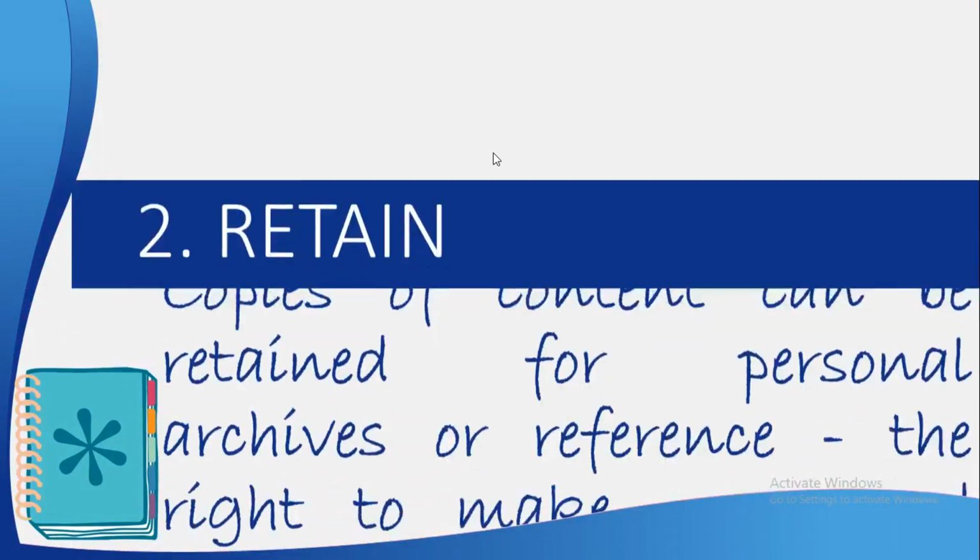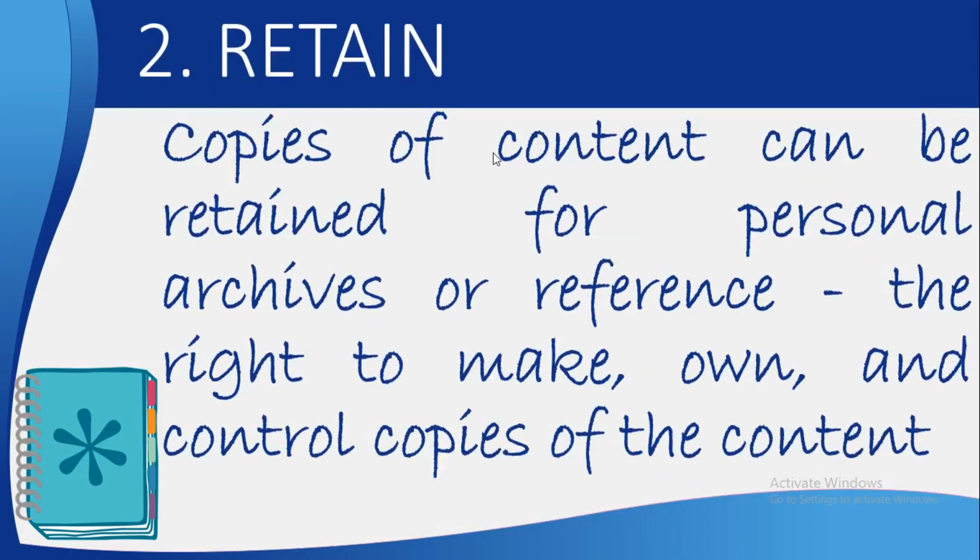The second R says you can retain. So if you have a copy of any content, you can make more and more copies. You can photostat them, you can Xerox them. So copies of content can be retained for personal archives. If you want to have proper material for a particular topic, you can keep the content for your personal archives or references.